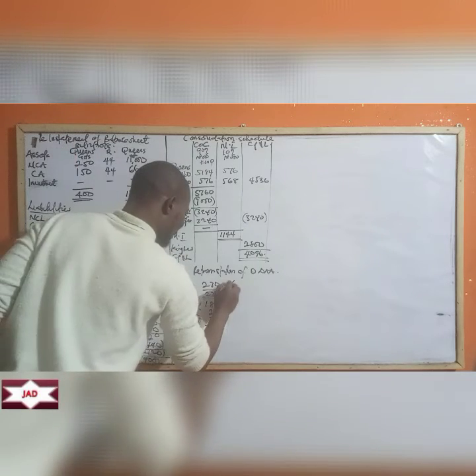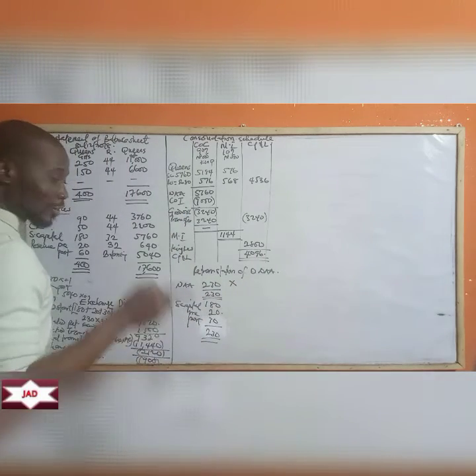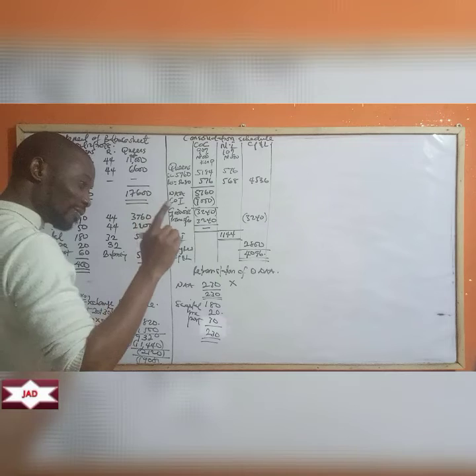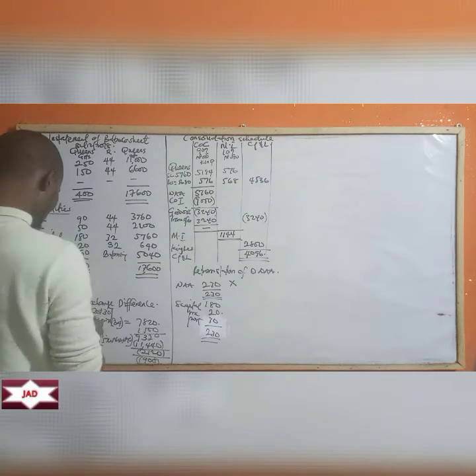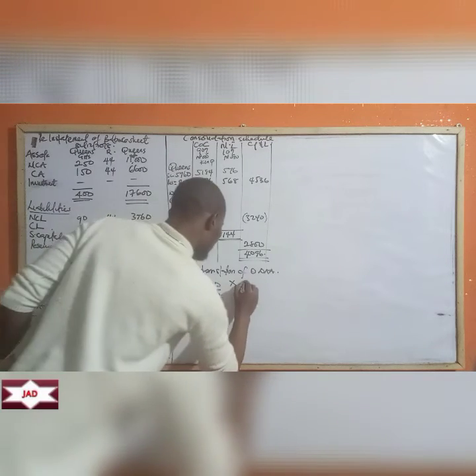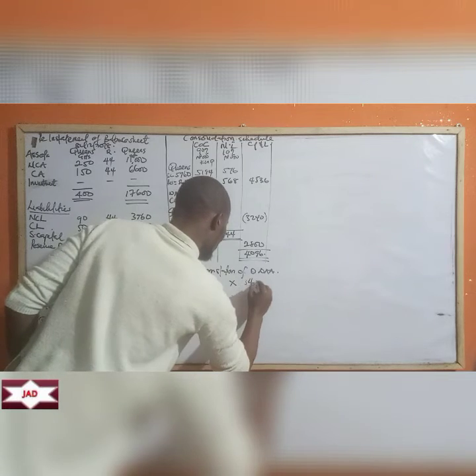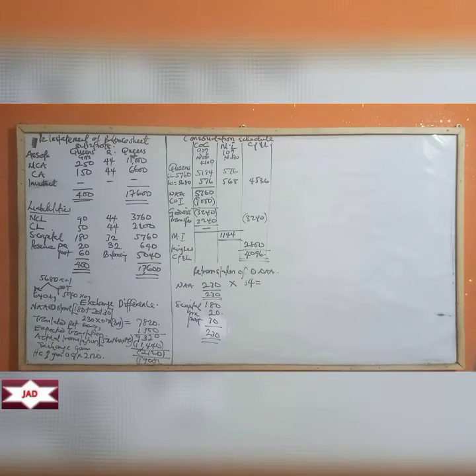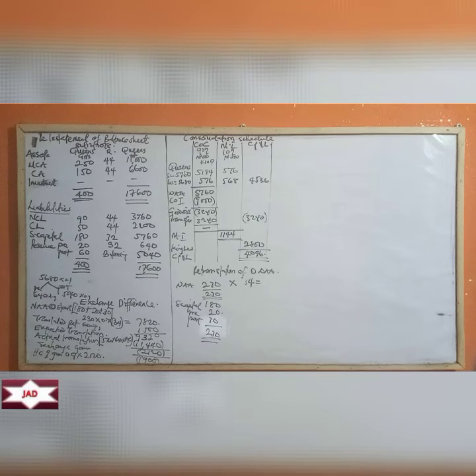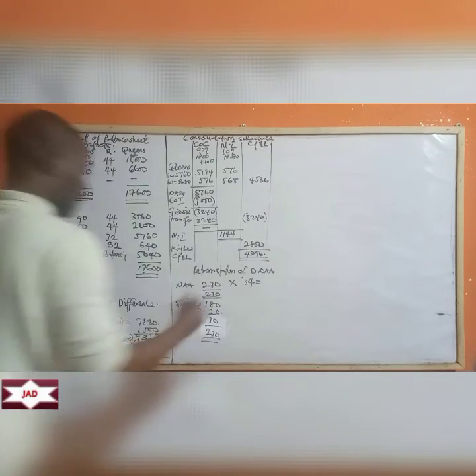So this will be at the opening rates, which is 34. So what does that give us? 230 times 34. That's 7,820.